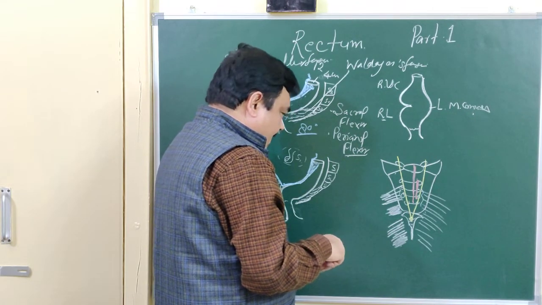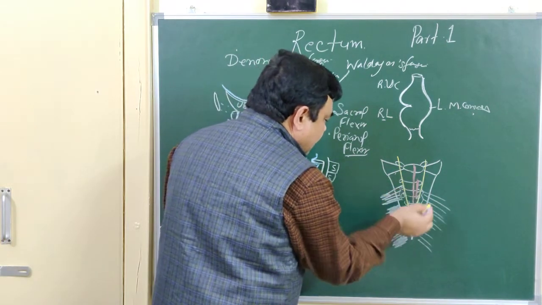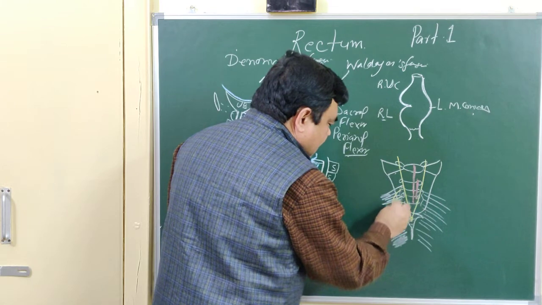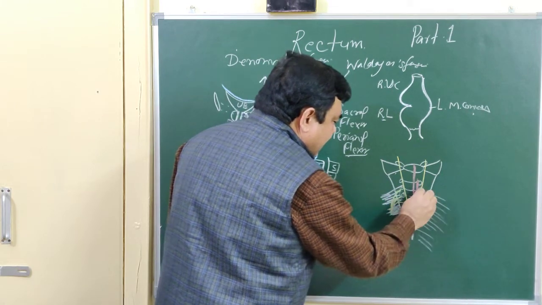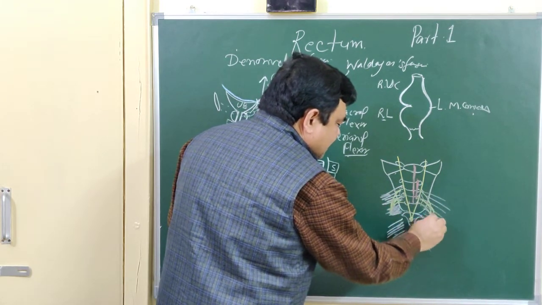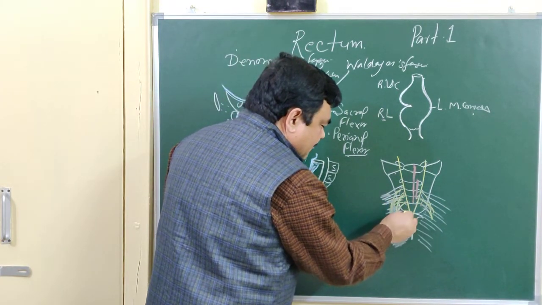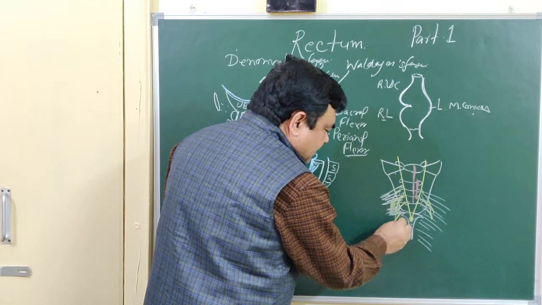Another thing, here is a nerve. This is S2, S3, S4. This is the pelvic splanchnic nerve, and the ventral rami of S3, S4 and S5. There is also the coccygeal nerve.